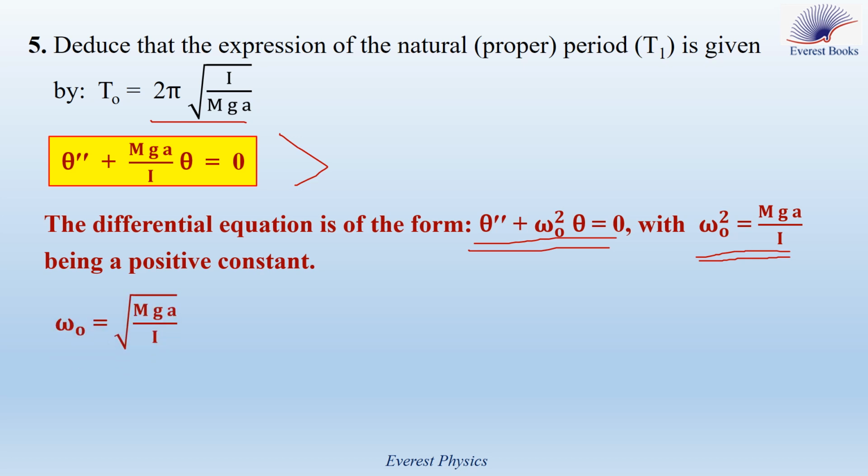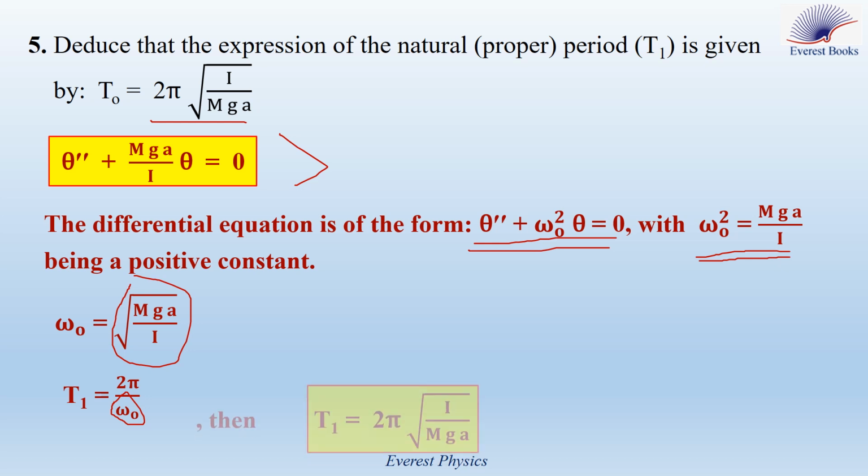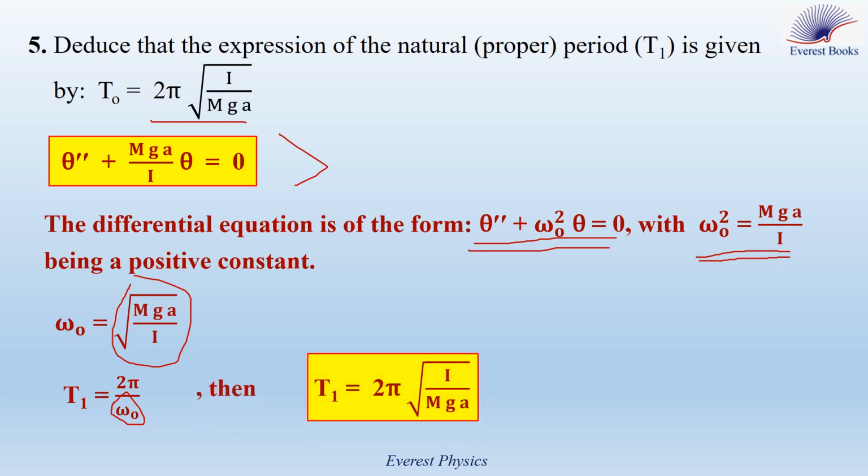Then omega 0 is equal to the square root of MGA over I. We know that the natural period is equal to 2 pi over omega 0. Then replace omega 0 in this expression by the square root of MGA over I. This is going to be T1 is equal to 2 pi times the square root of I over MGA.